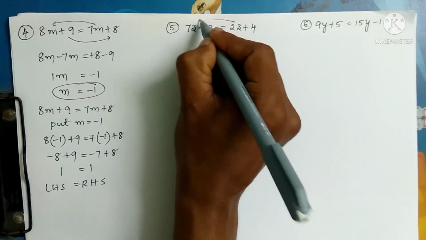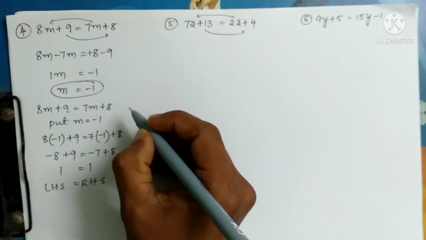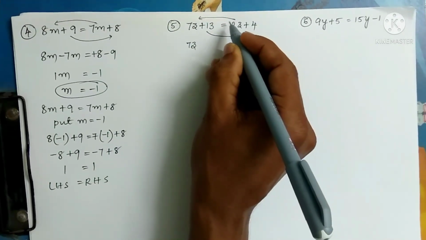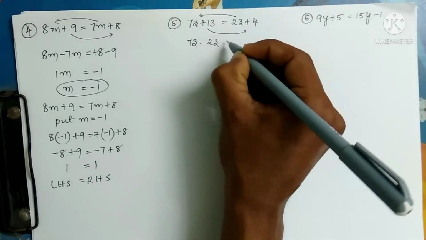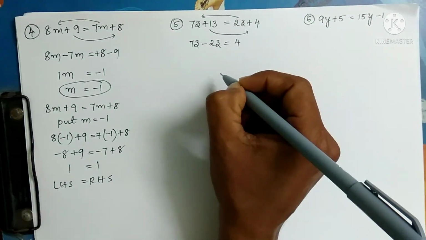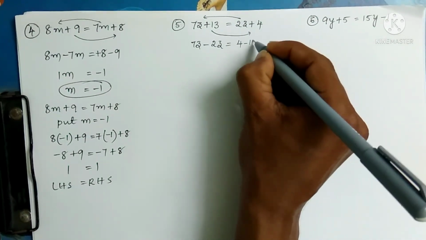As we know, by transposing the variables to the left side and the constants to the right side, write 7z as it is and transpose plus 2z to the left side, it becomes minus 2z, which is equal to 4 as it is on RHS, and transpose plus 13, it becomes minus 13.